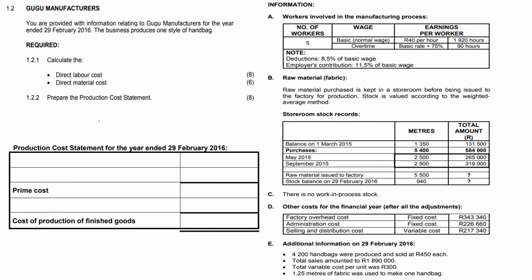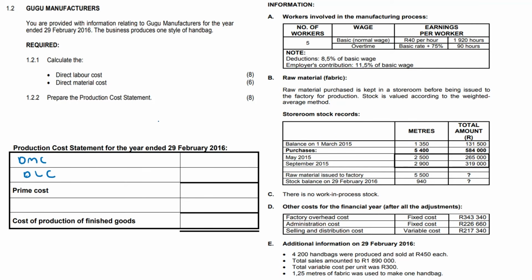So the production cost statement has 2 line items: direct material cost and direct labor cost. If you abbreviate in the exam, myself, I'm going to have a heart attack. Just write the full thing out. It's direct material cost, direct labor cost.